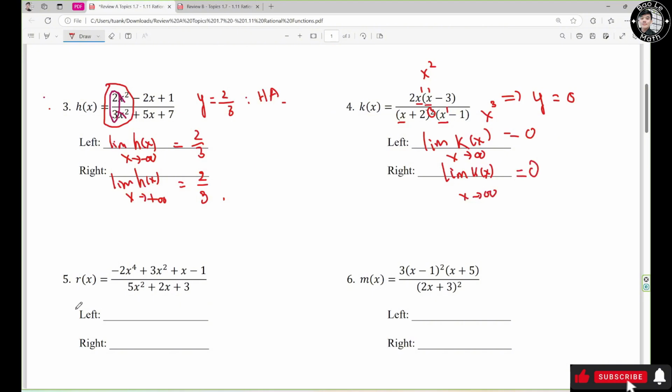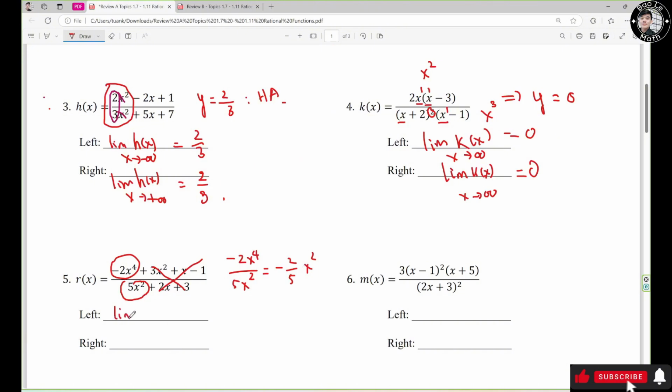Alright. Now look at number 5 right here. The highest degree on the numerator is s power 4, right? The highest degree on the denominator is going to be s power 2, right? So in order to find the end behavior of this one, you just ignore the rest right here, because this one is dominating the whole thing, right? So you have negative 2 s power 4 over 5 s power 2. And you just simplify, it's going to be negative 2 over 5 s squared, right?